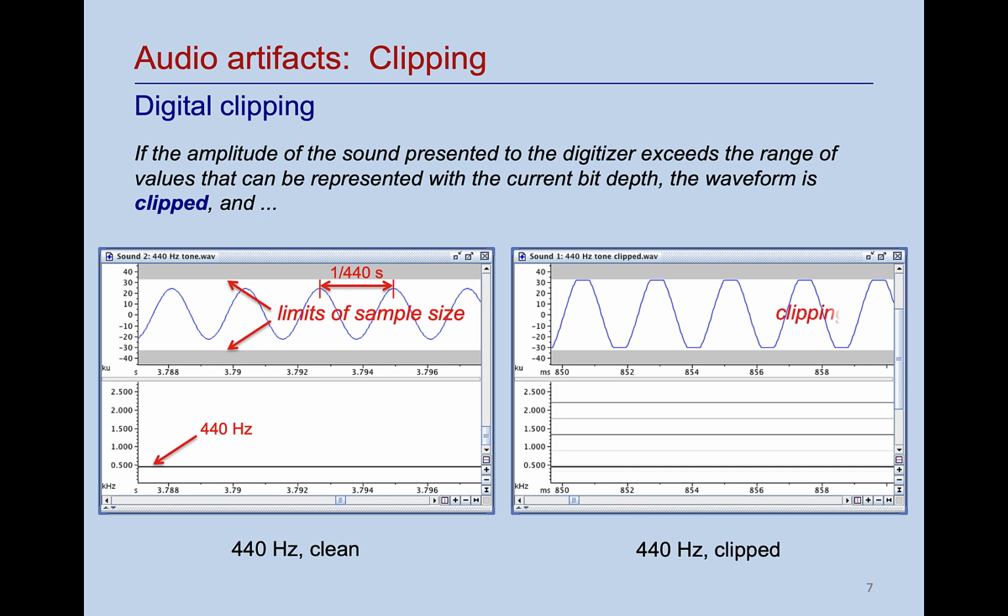Notice that what were smoothly varying tops and bottoms of this sine wave are now flattened because the extreme ends of the waveform can't be represented. They would require sample values beyond the capability of the digitizer to represent. So you can tell by looking at the flattened top and bottom of this waveform that it's clipped. Let's listen to what this sounds like.